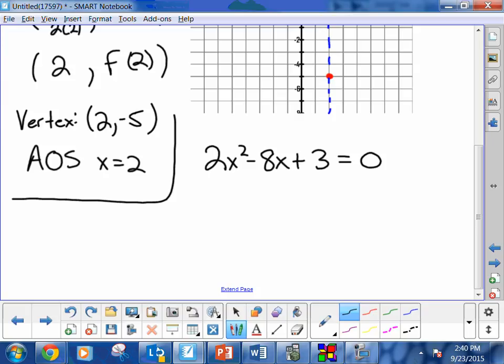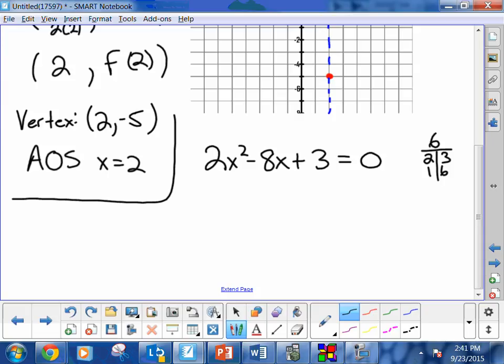Now the first thing you should think about is, can I factor? And we tried, at least tried. We're going to use the A times C method: 2 times 3, which means I have to find factors of 6. 6 is 2 and 3, and 1 and 6, and also the negative versions of each one.